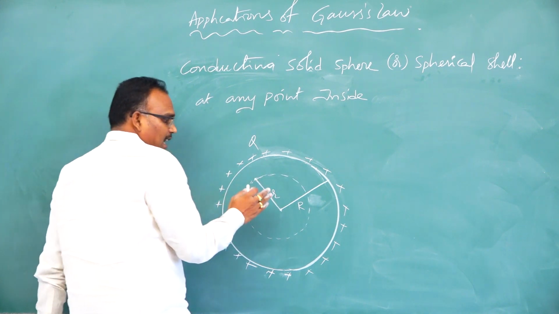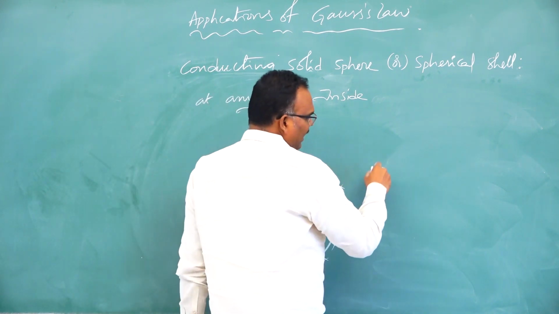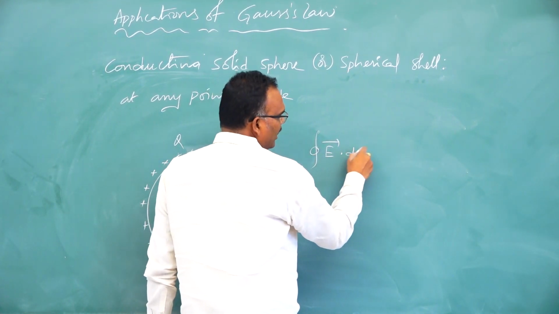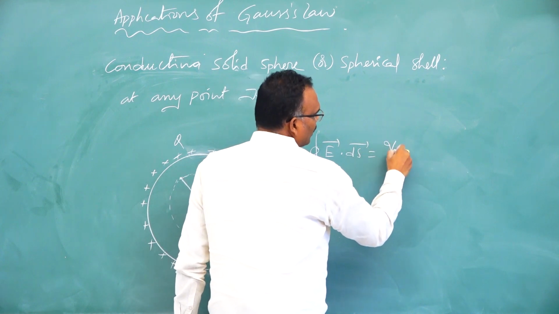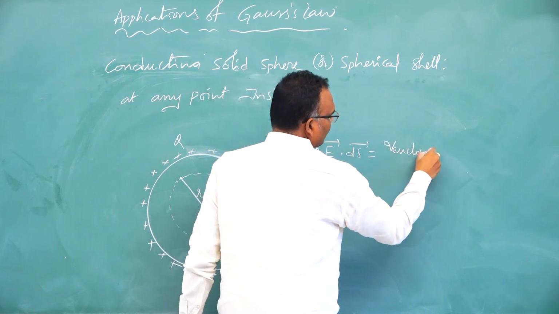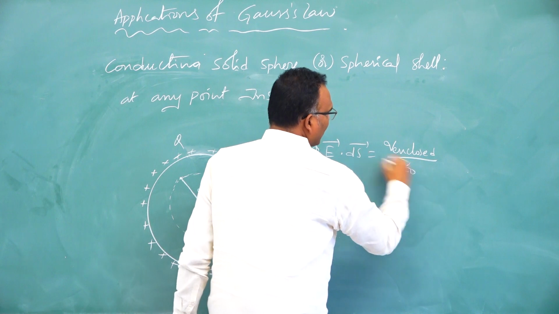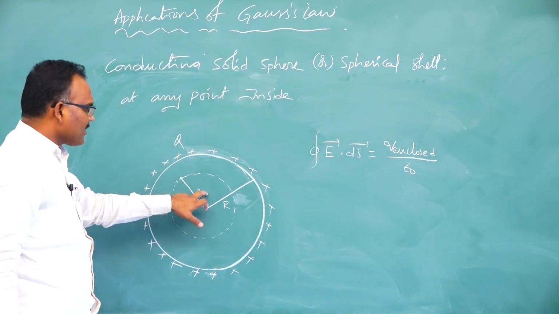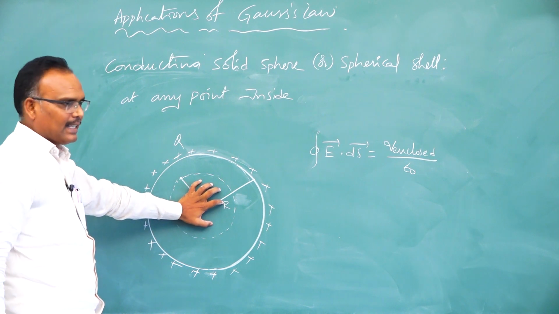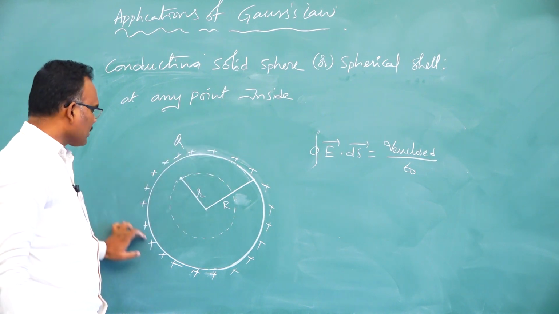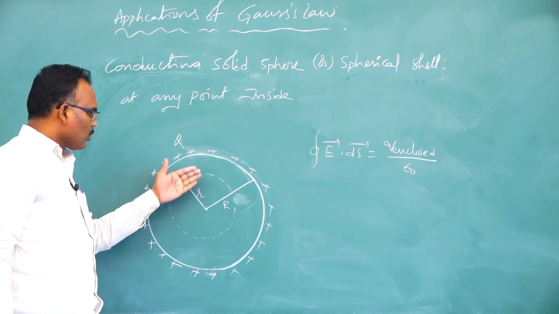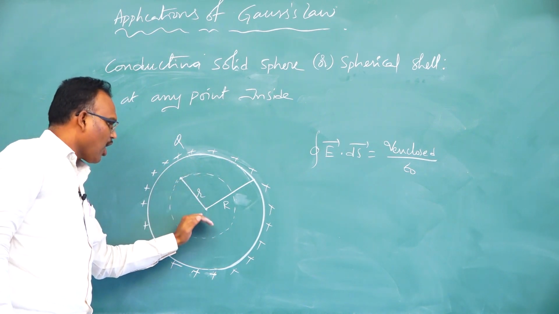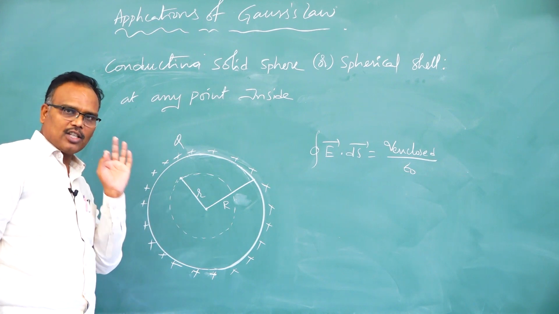Now see carefully here. To calculate the electric field I need to use the formula: the closed integral of E bar dot ds bar is equal to charge enclosed divided by epsilon naught. See, within this Gaussian surface no charge exists. Charge lies on the outer surface of the sphere. So within the Gaussian surface the charge is 0.